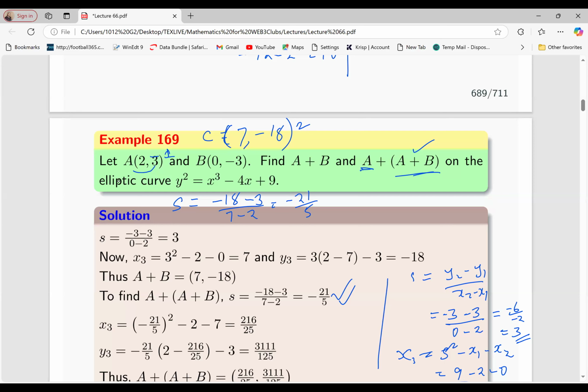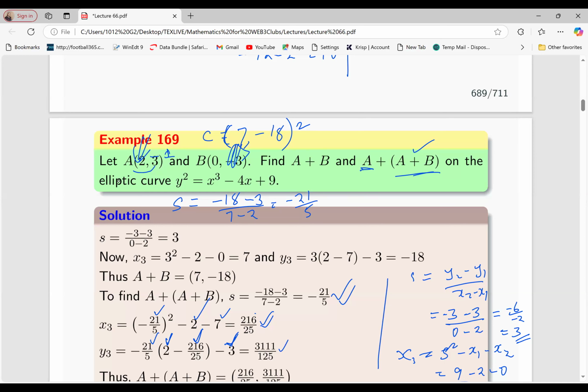What about x3? X3 will be the gradient squared minus x1, which is 2, then minus x2, which is 7. And that gives you this when you simplify. What about y3? Y3 will be the gradient into x1 minus x3, then minus y1.